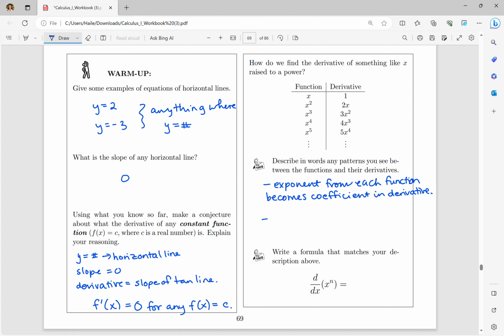And another thing I'm noticing is the difference in the exponent between the function and the derivative is 1. So it seems like for each function, the derivative's exponent decreases by 1. So the derivative's exponent is 1 less than the function's exponent.